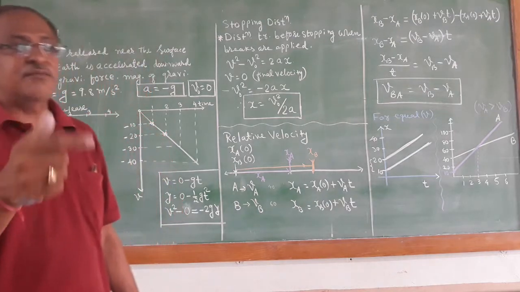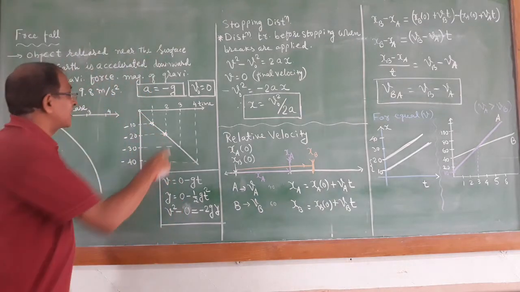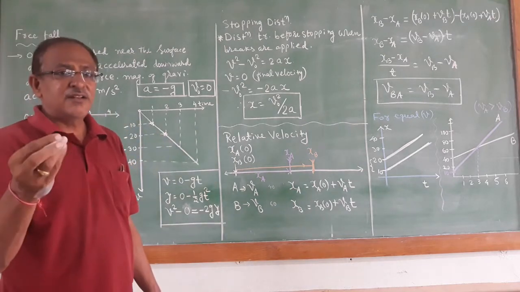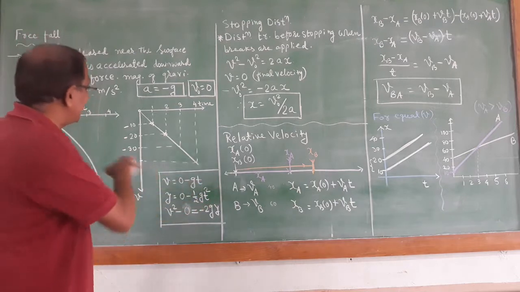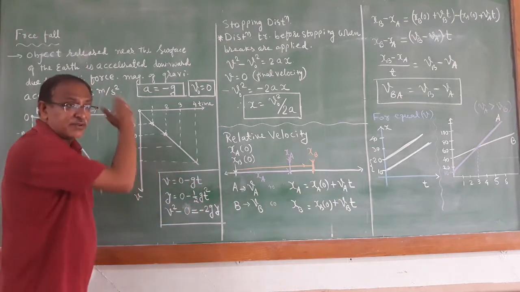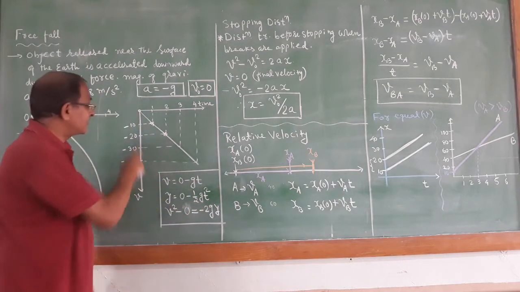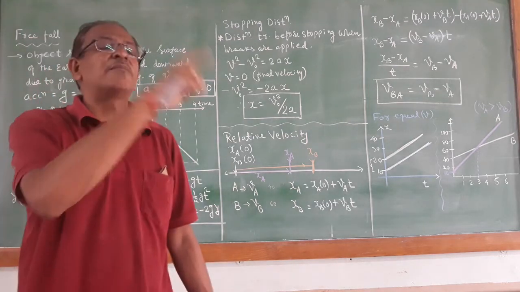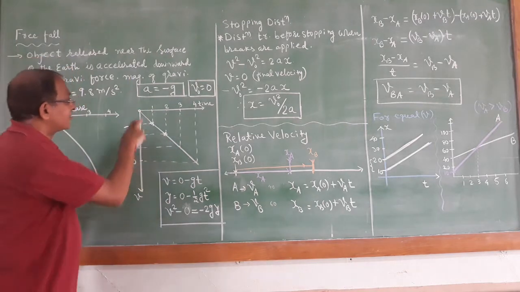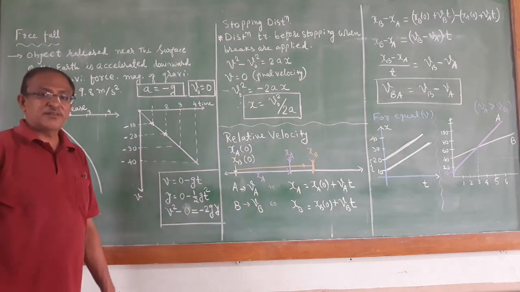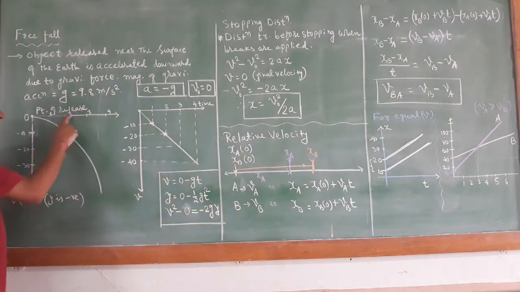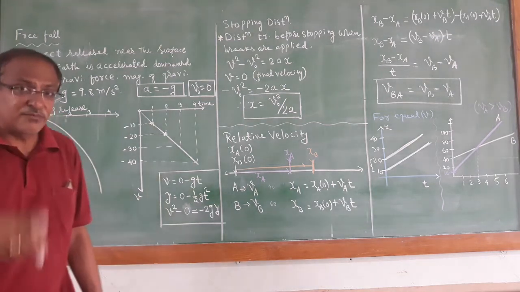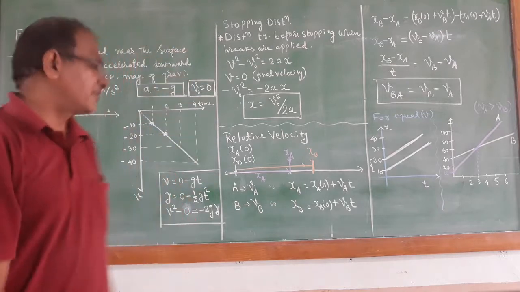In the first second it was 10, at 2 seconds it becomes around 20, exactly 19.6. So it's a linear graph, the same increase in velocity in the same time interval. This is a linear graph of velocity versus time, and displacement versus time is a curve graph. So this is non-uniform motion but with constant acceleration.